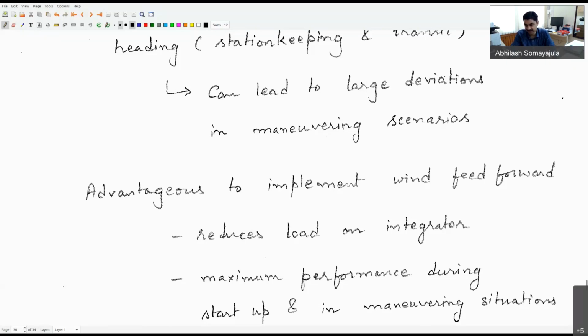And then the integrator term will have to take into account that error. Okay, so this method can have some problems if we don't know what the precise wind coefficients are. So if we know the wind coefficients somewhat reasonably well, we can use this method so that the load can be taken off of the integrator, but otherwise the integrator will still have to do the job.